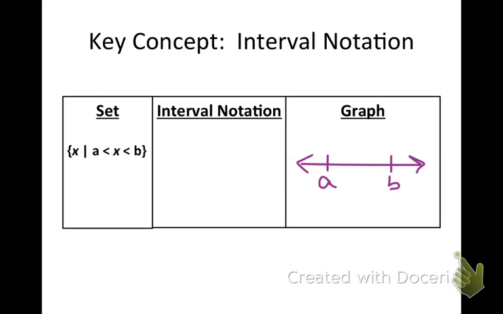Now, if we were in Algebra 2, we would do an open dot at both A and B and just shade in between, because x is in between A and B. But now we're stepping up our game and turning our open dot into a set of parentheses. So I'm going to put parenthesis, parenthesis, shade in between.